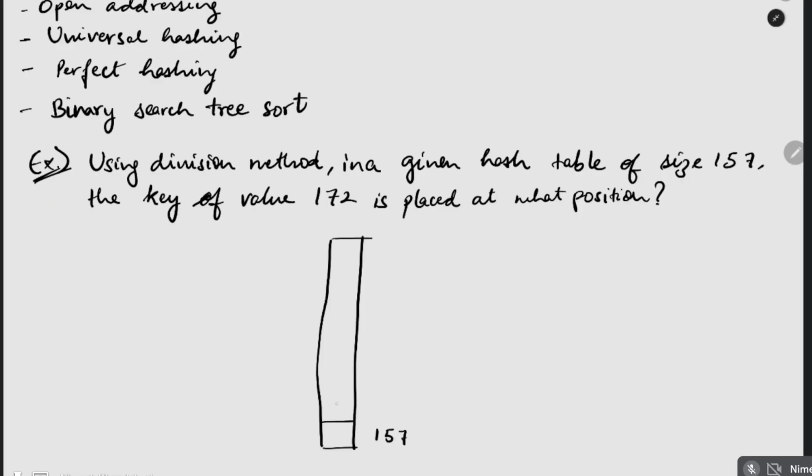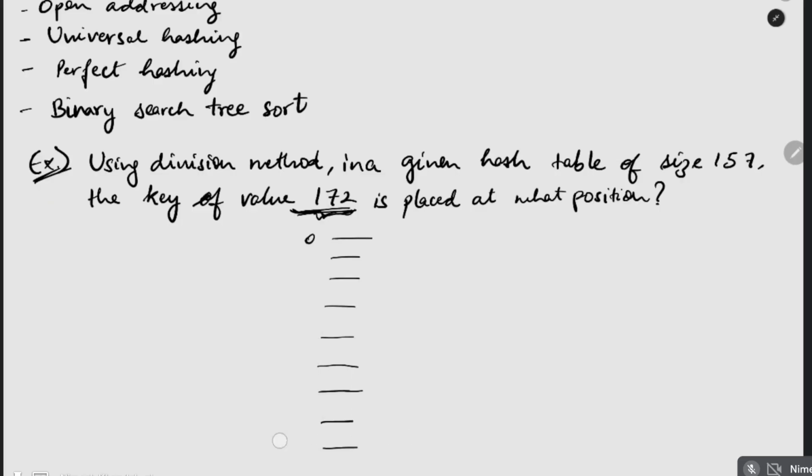There are 157 different hashes that we can make basically using the division method. And we want to know where the value 172 will be placed, like at what position from 0 to 156 index? What will be the index for the value 172?